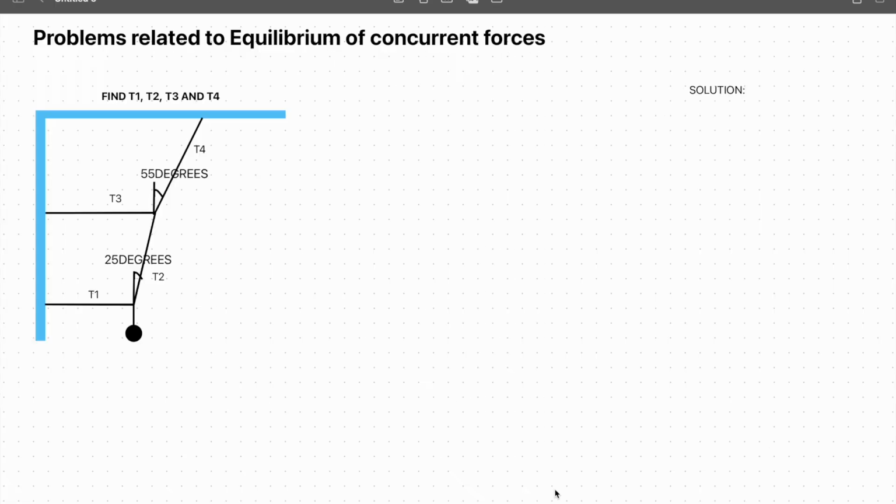In this problem, there's a figure which describes an object hanged with the support of two ropes.